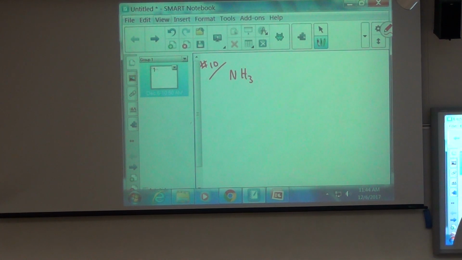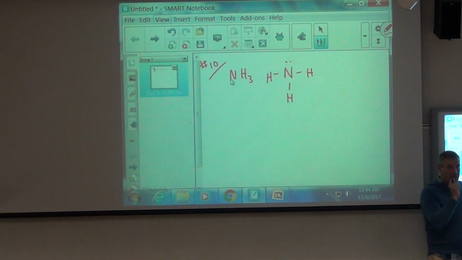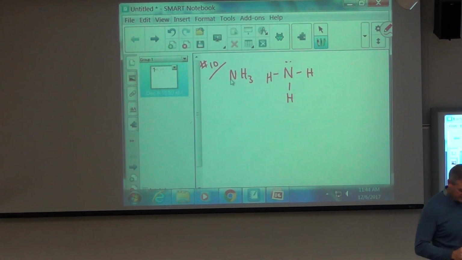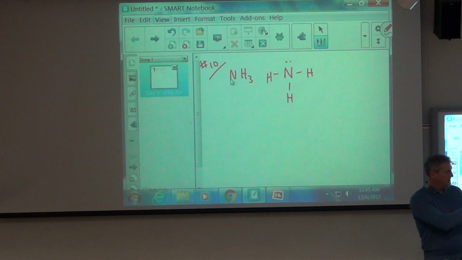If we went through our TV process, we would find out that we have three hydrogens, each with single bonds around the nitrogen, and one lone pair. So this is what you should draw in that first vertical column where it says molecule and Lewis structure.